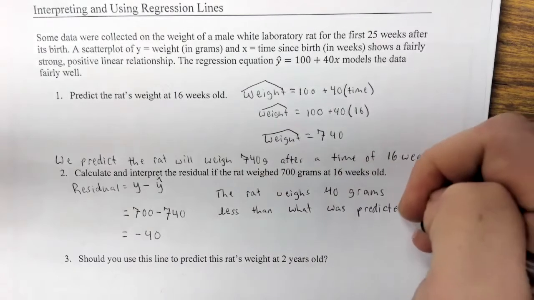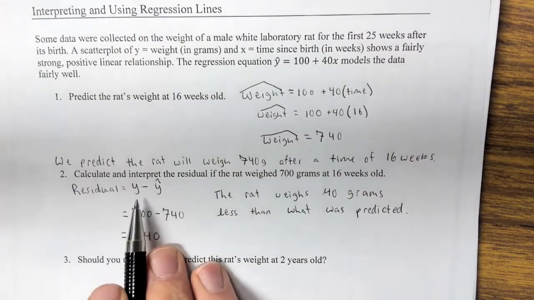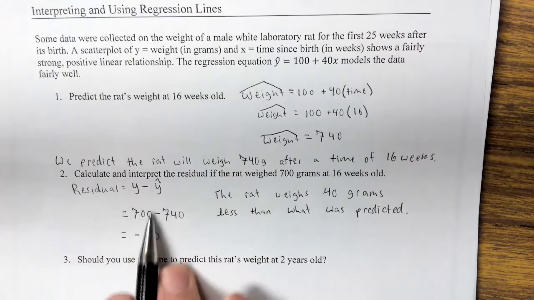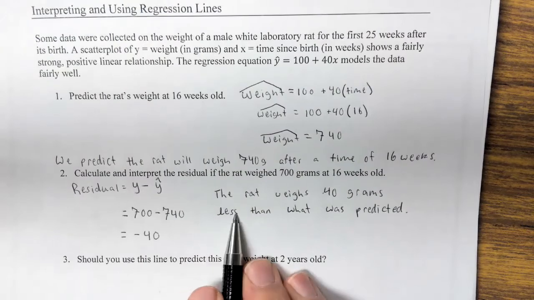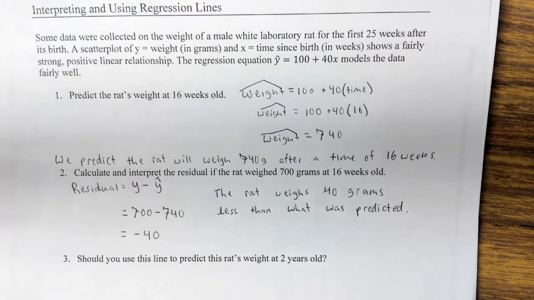That's really the important part of the residual. Residuals are essentially error. How far off was our prediction from what actually happened? And then, was that actual amount less than or more than what was predicted? That's really it.